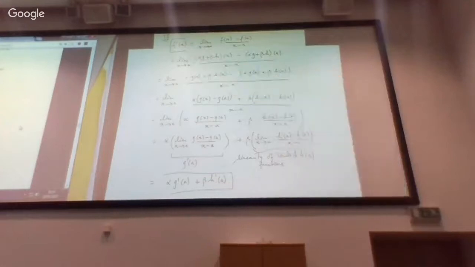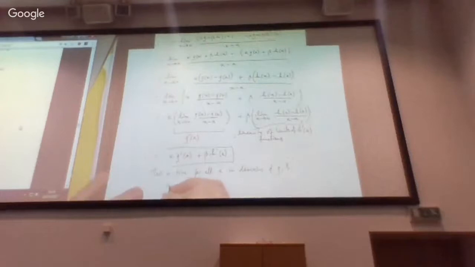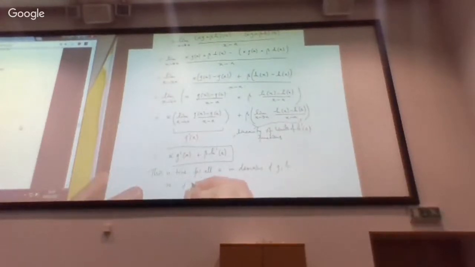This argument works whatever the value of a is, so this is true for all a in the domains of f, g and h. Therefore the derivative of f as a function of x is alpha times the derivative of g of x plus beta times the derivative of h of x. So that's the proof of linearity.